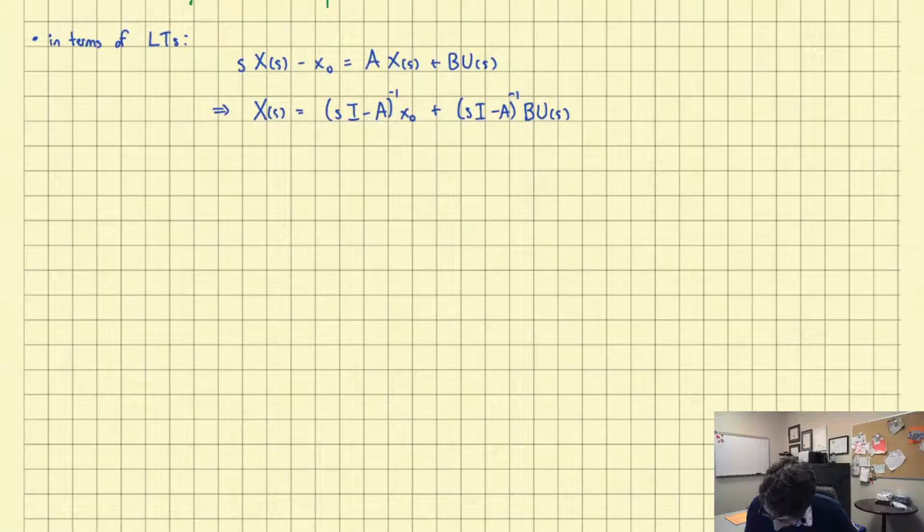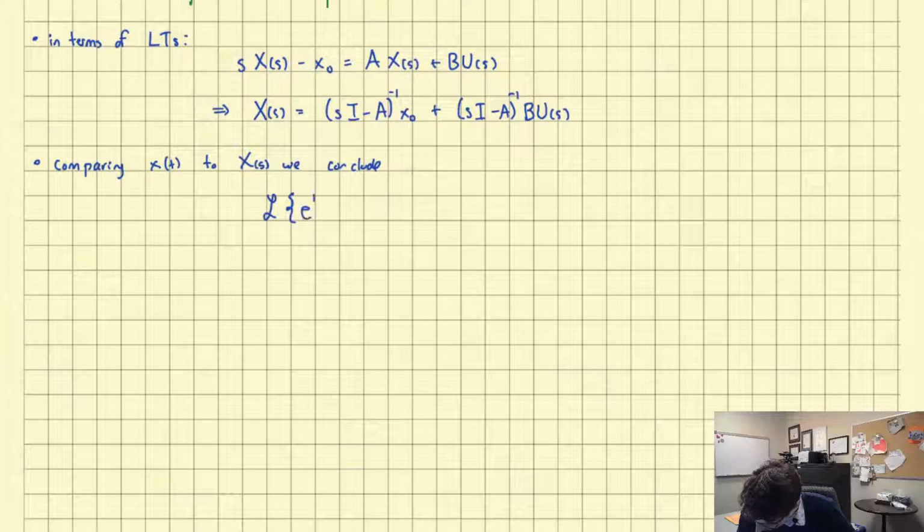So comparing x of t to x of s, we conclude that the Laplace transform of e to the tA is equal to sI minus A inverse.